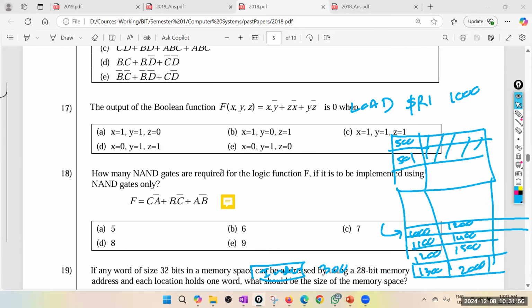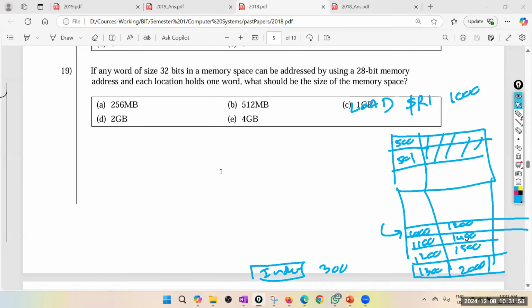So let's move on to question 19. If any word size 32-bit in memory space can be addressed using a 28-bit memory address, and each location holds one word, what should be the size of the memory space? That is the addressable memory space. Right.